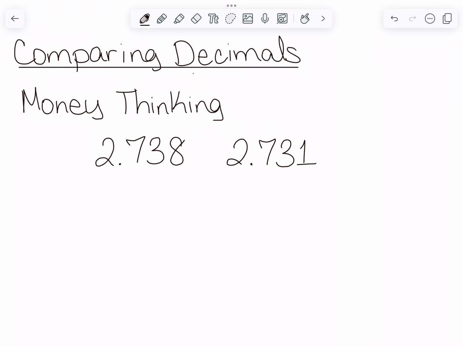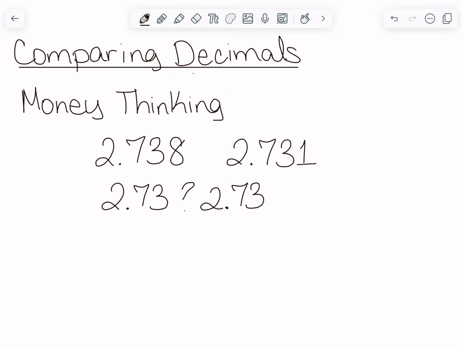For this one, let's consider 2 and 738 thousandths and 2 and 731 thousandths. For money thinking, students just drop everything after the second decimal place. Therefore, they see both of these as 2.73, and then they'll just guess. They may guess correctly, they may guess incorrectly.